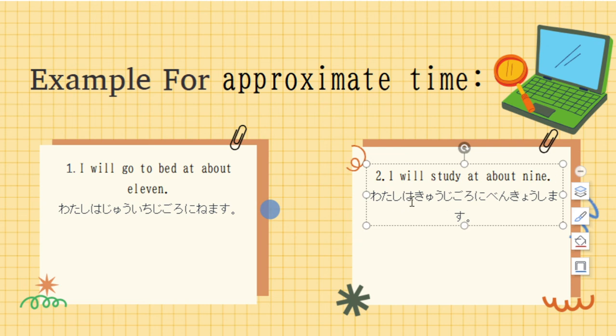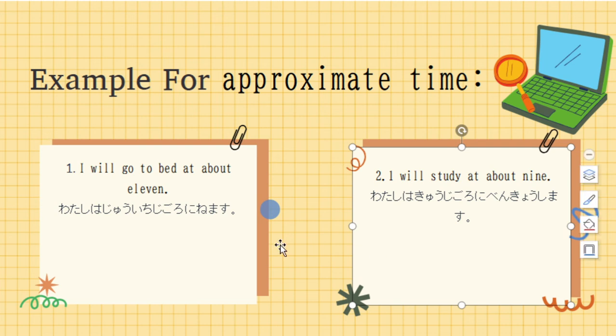So watashi wa kyoji guru ni benkyo shimasu. That is for our second example. So remember that the particle ni is used for the goal of movement, the time, and the approximate time.